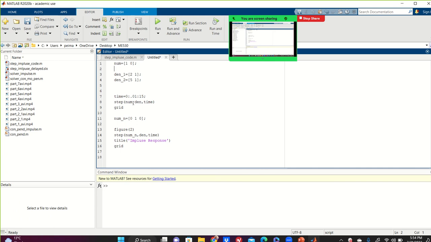So for the step function, first 1, and then I'm going to say hold. Now you know the hold command, right? And step with the second one. And I'm going to change the title to impulse for first order system.